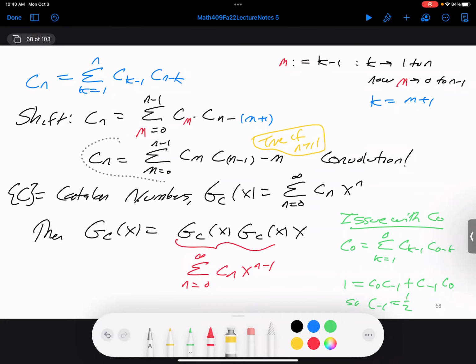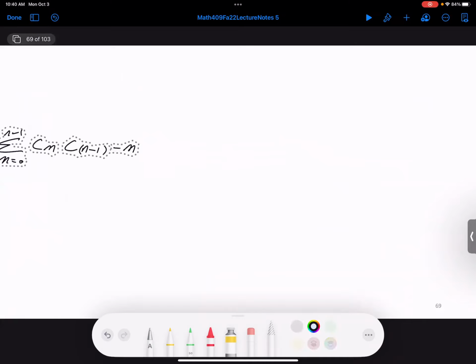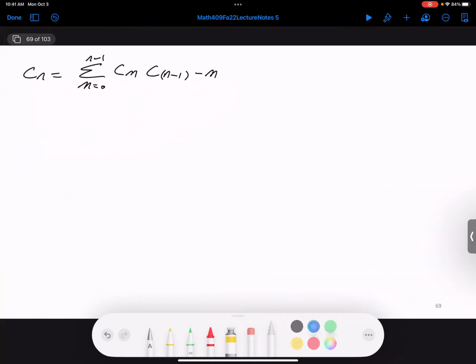Let me just copy this. So this is if n is greater than or equal to 1, and if n equals 0, what do we get? C0 equals 1.